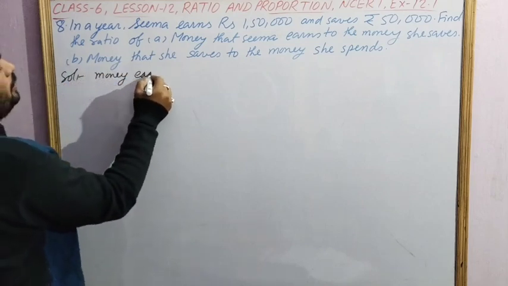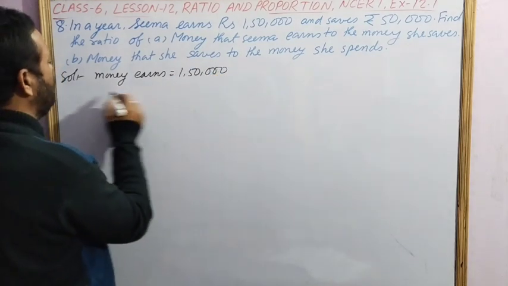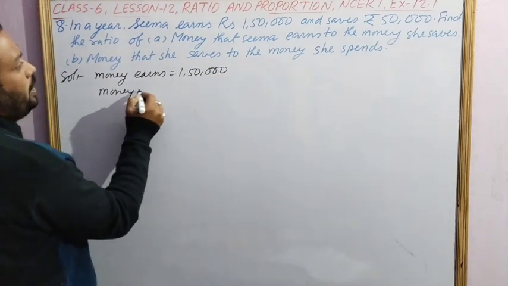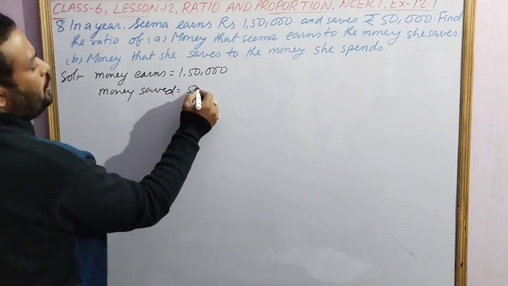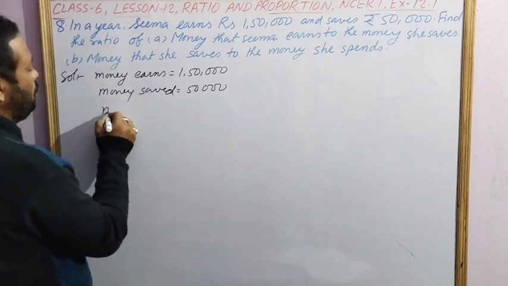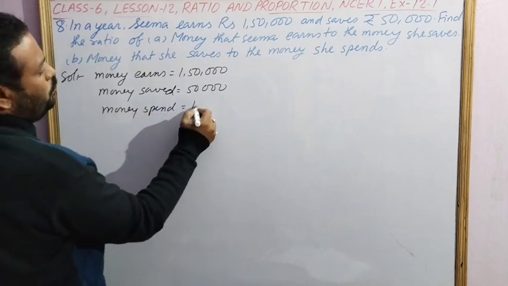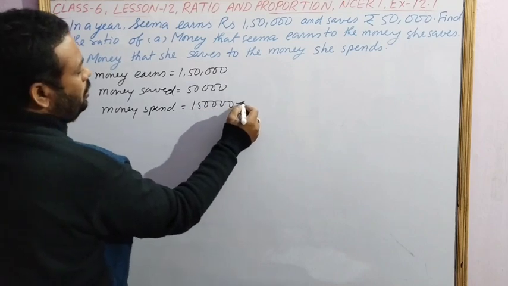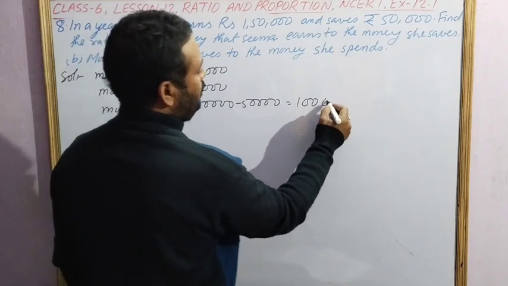How will we do it? Money earned is equal to 1,50,000. Money saved is equal to 50,000. Money spent is equal to 1,50,000 minus 50,000, that is equal to 1 lakh.